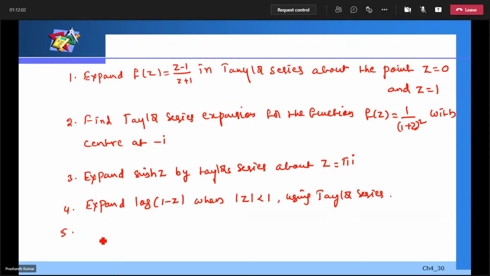The last one, expand f of z is equal to 1 by z square minus z minus 6, about z is equal to minus 1 is the first one, the second one is z is equal to 1.